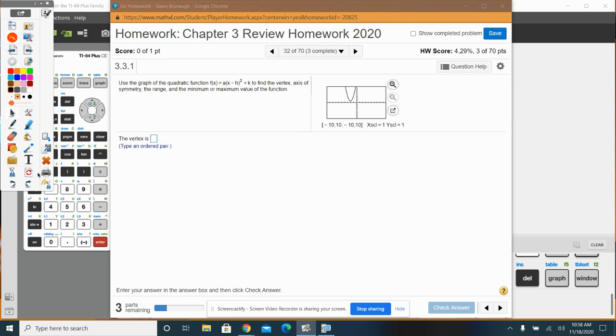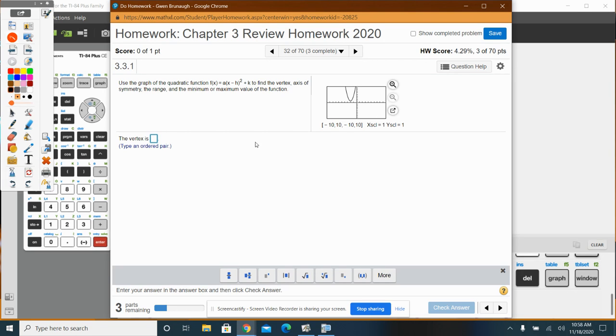All right. So on this one, these are getting into the calculator problems. We are going to find the vertex. Well, the vertex, I guess they didn't give me an equation, did they?